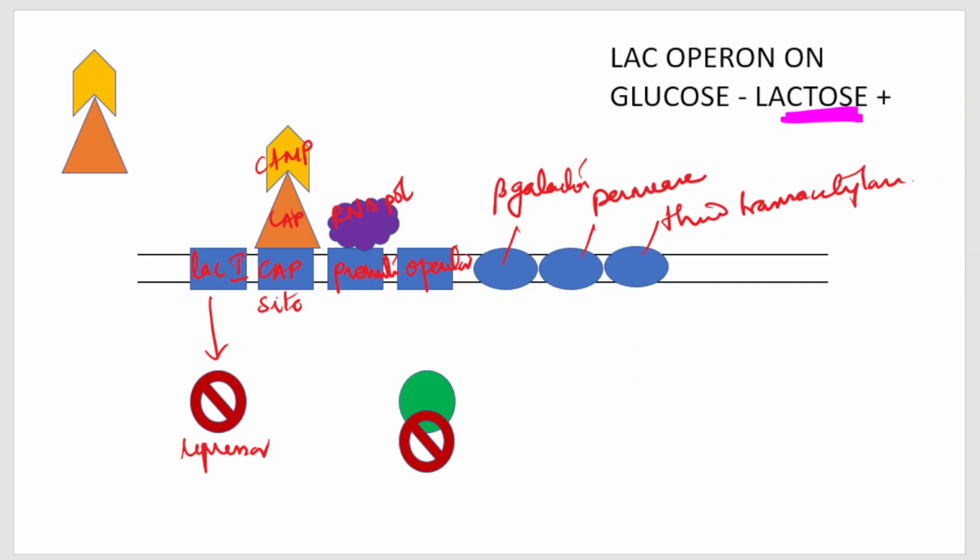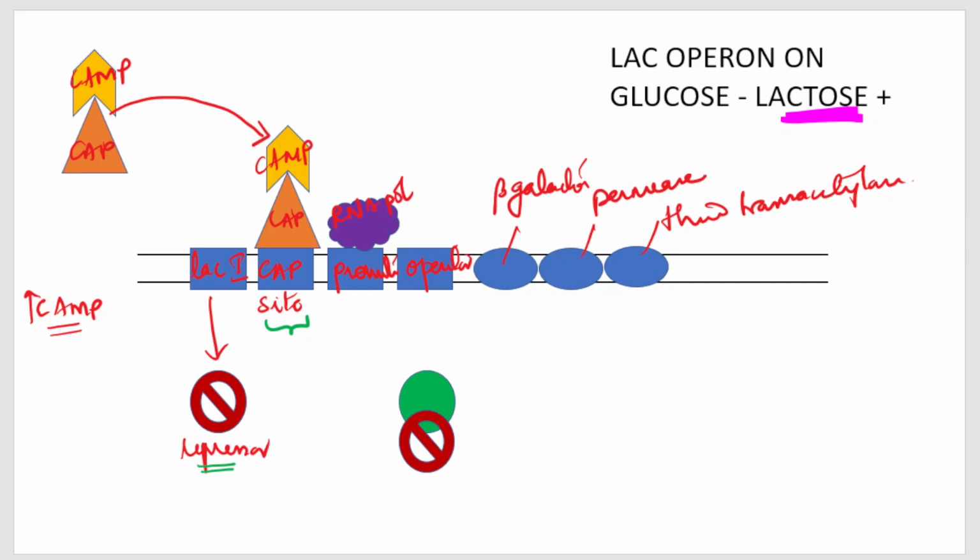So now what happens? Glucose is absent, so the cyclic AMP levels are more. The higher cyclic AMP levels can bind to the CAP protein, so cyclic AMP plus CAP protein can bind to the CAP site. This is one factor which can favor the LAC operon. The next one is the repressor that is produced.